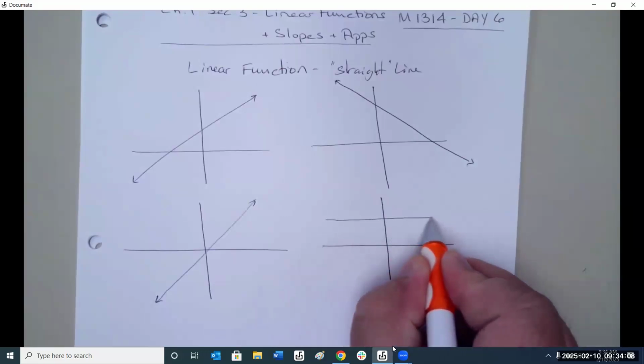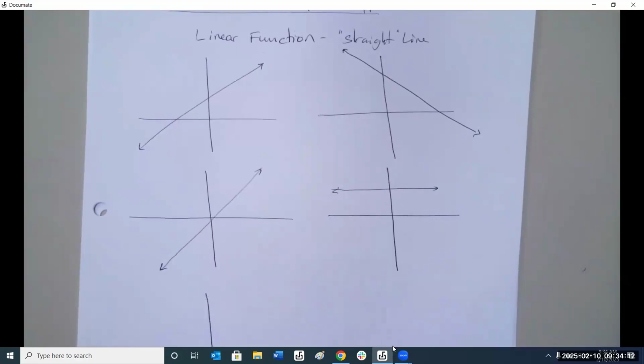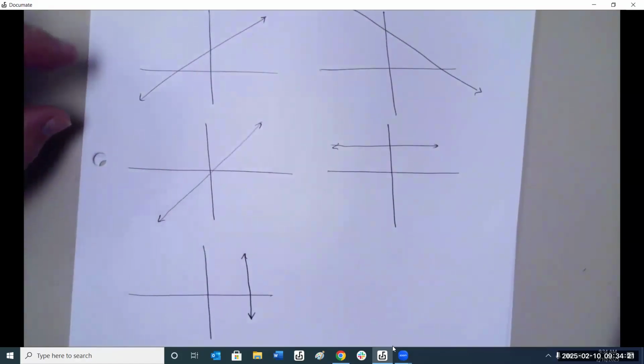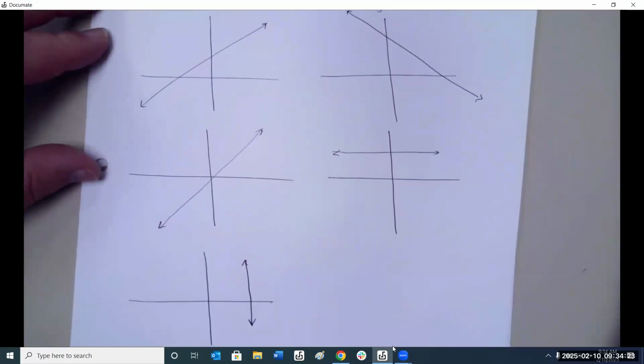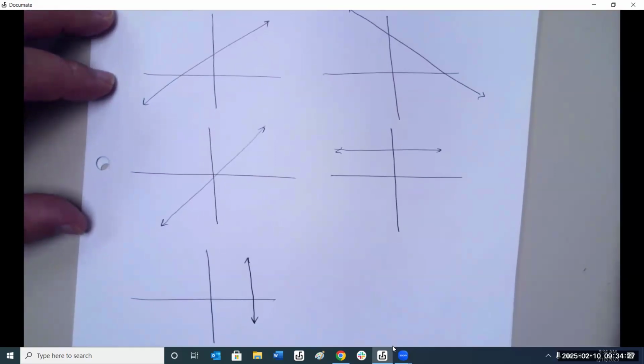We think of this. And lastly, we think of this. So when we talk about linear function, these are the only ways they can look.